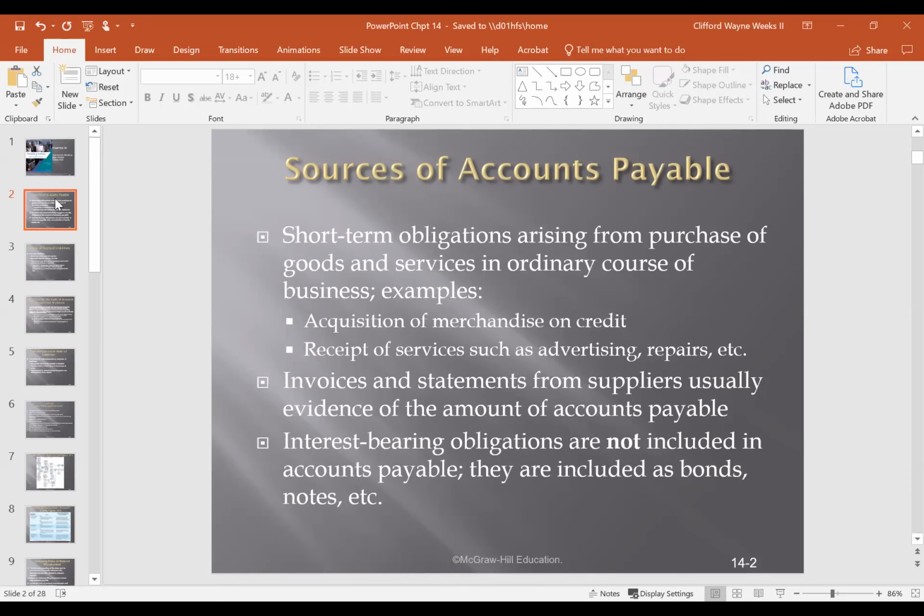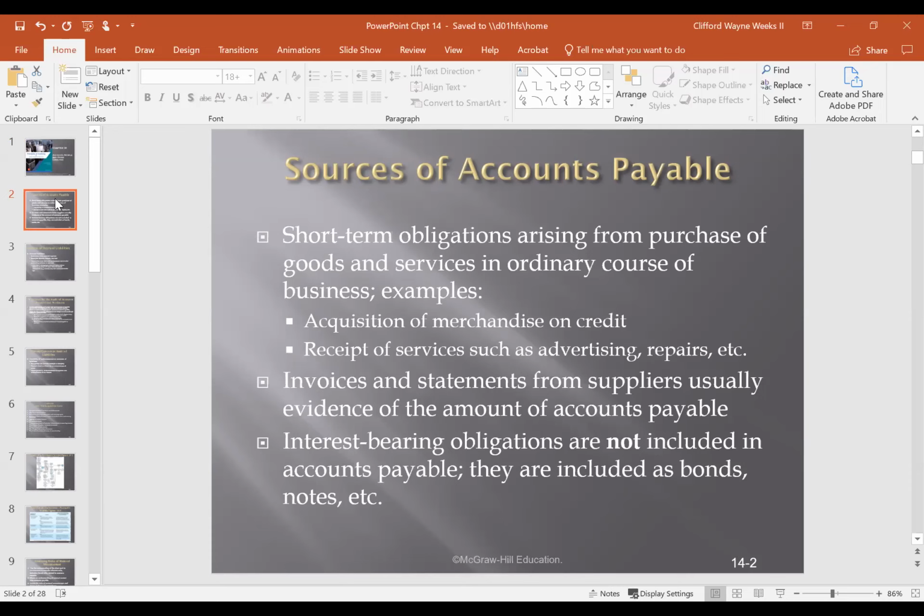And the difference between an accounts payable and a note payable is that an accounts payable is a verbal promise, whereas a note has actual documentation or a contract, where we've gotten somebody's written promise to pay us.